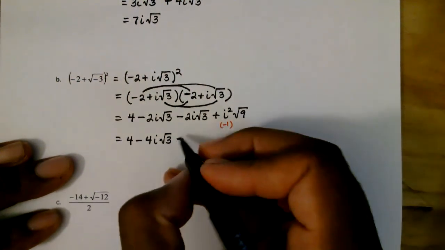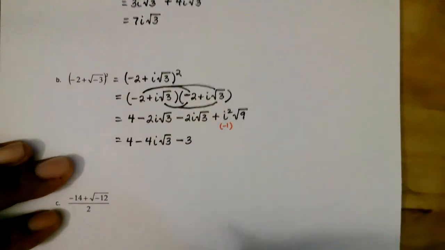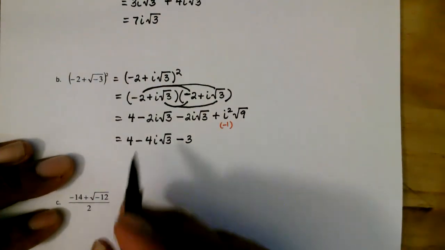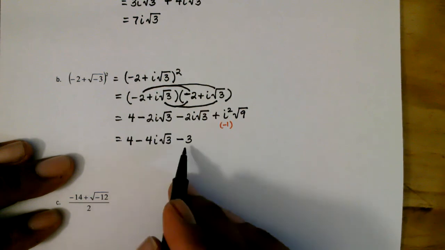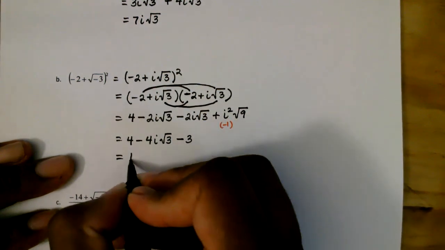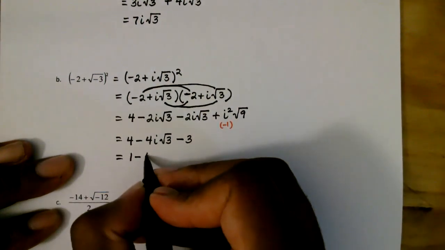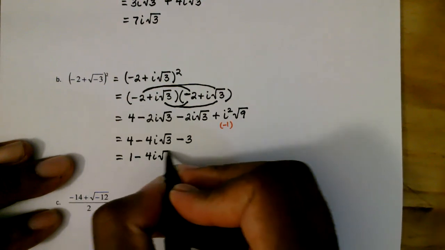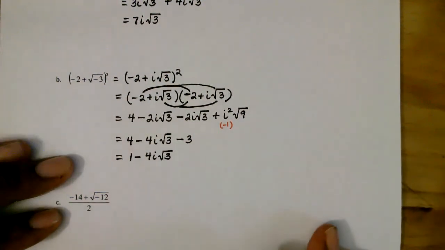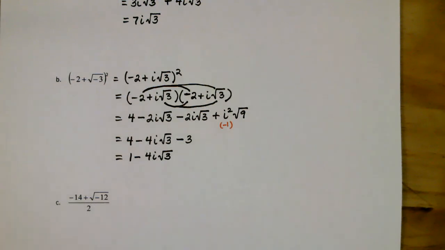The square root of 9 is 3. And then combine the constants. 4 minus 3 is 1. So I have 1 minus 4i square root of 3. All right, that'll be the final answer.